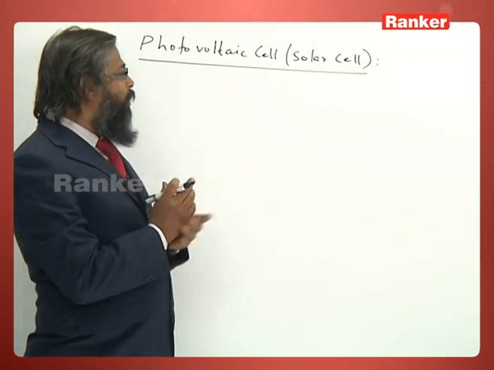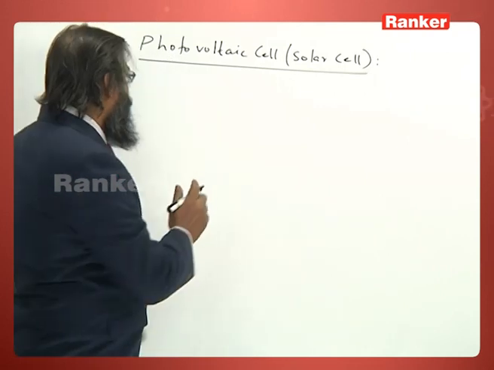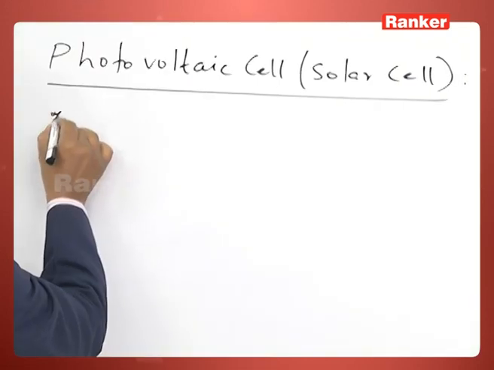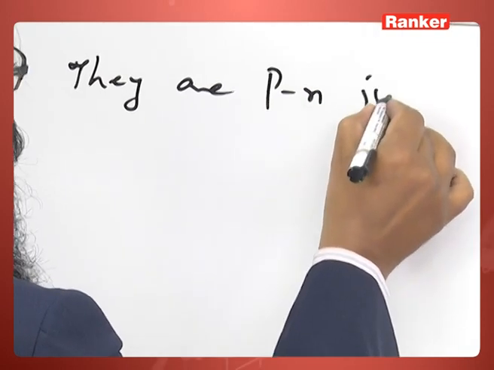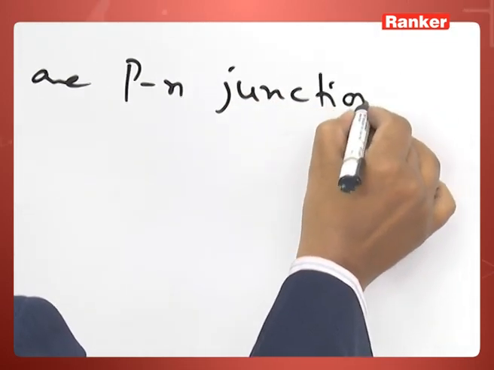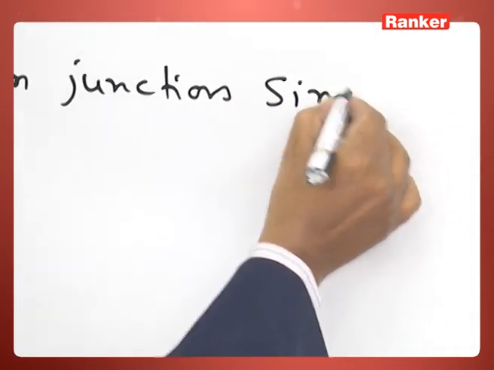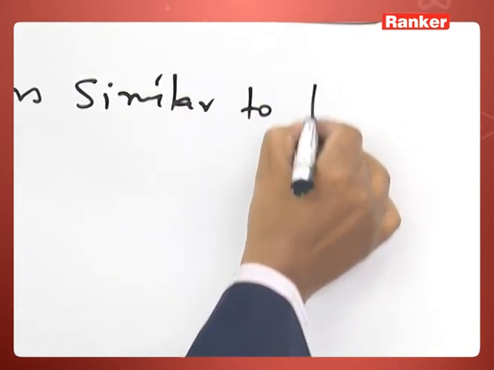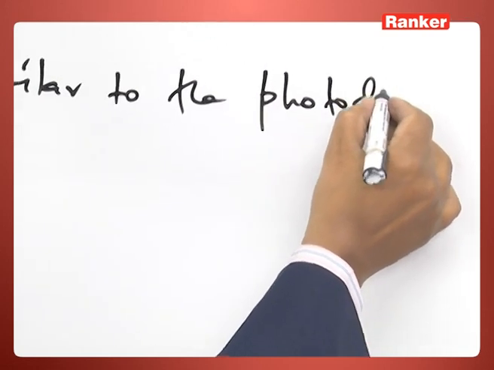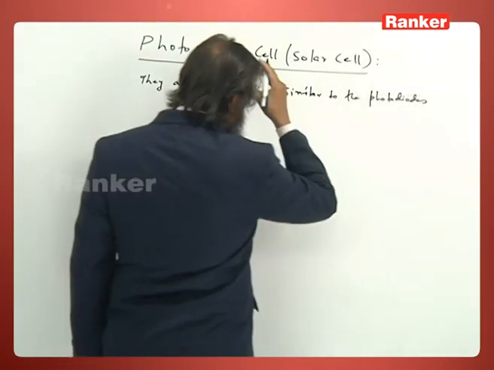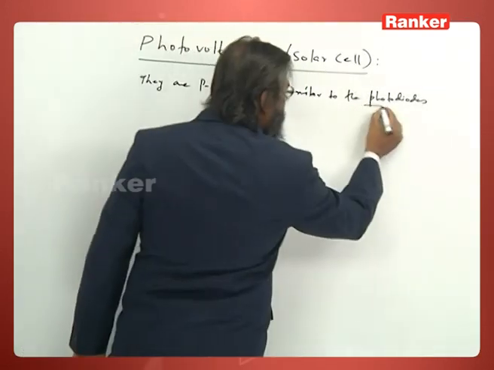They are often called photovoltaic cells. They are PN junctions similar to photodiodes.